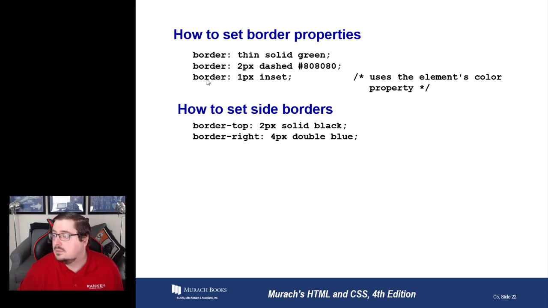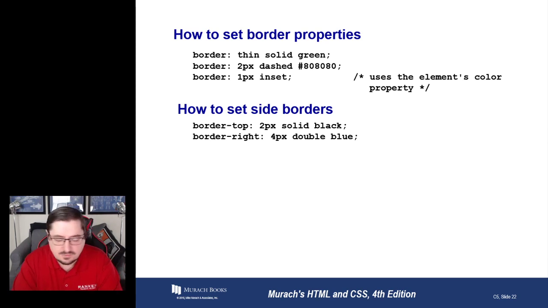All right, so 1 pixel inset, we have another style, and here we haven't specified the color. If you don't specify the color, it's going to use the color of the text. So if I have black text, the border is going to be black. If I have white text, the border is going to be white. Typically, you usually don't want your borders to be the same color as your text.